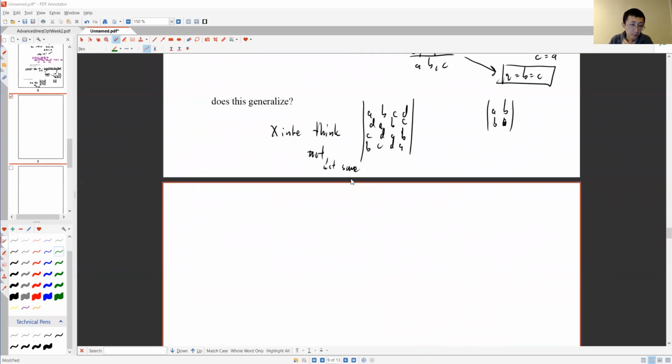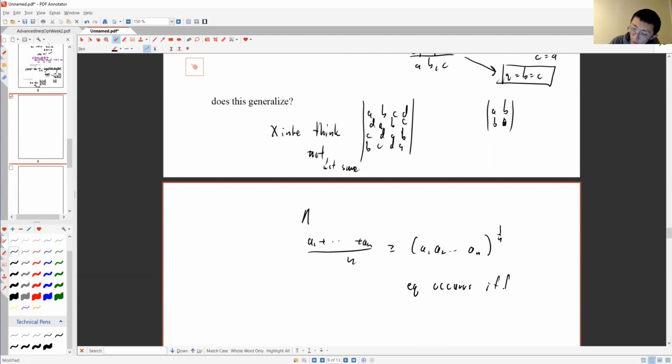(A1 + ... + AN)/N is greater than or equal to the Nth root of A1 A2 ... AN, and equality occurs if and only if all variables are equal. So I shouldn't really put the dots there.